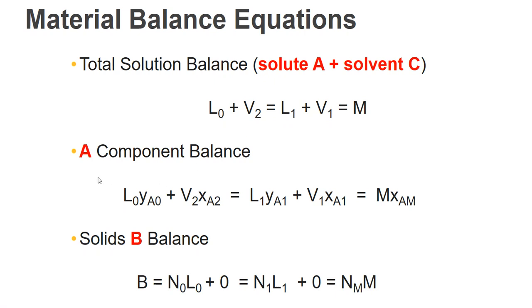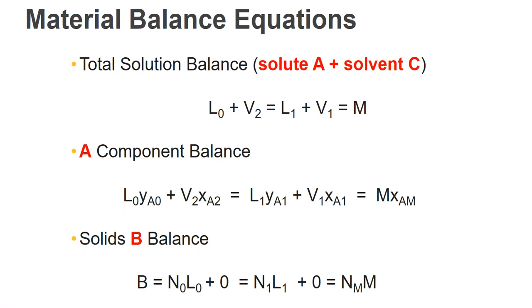When we do component balance, we copy it from here, just like what we do with the other unit operation processes, and we affix the correct concentration representation. If it's liquid and if it's feed, that's Y, and if it's solvent, that's X. Again, X and Y here only account for A and C.